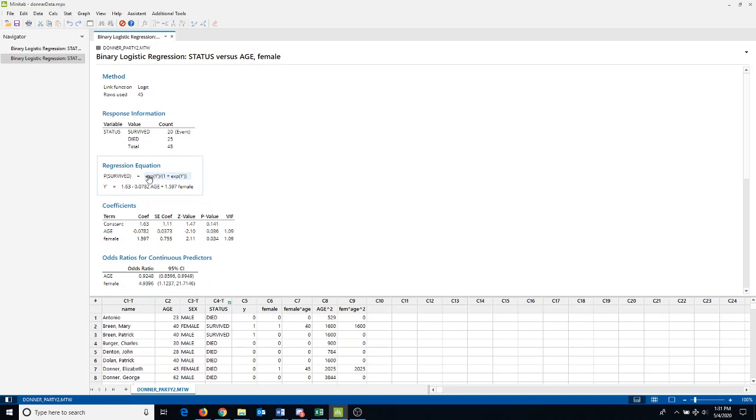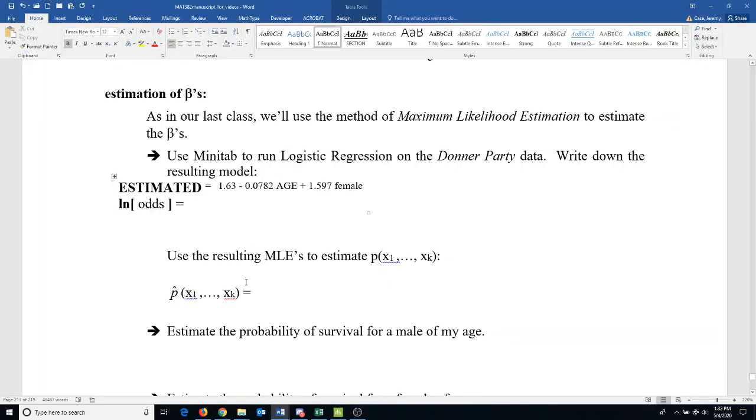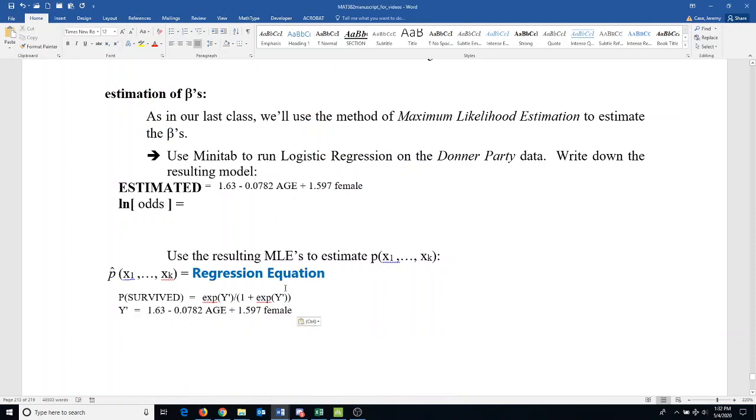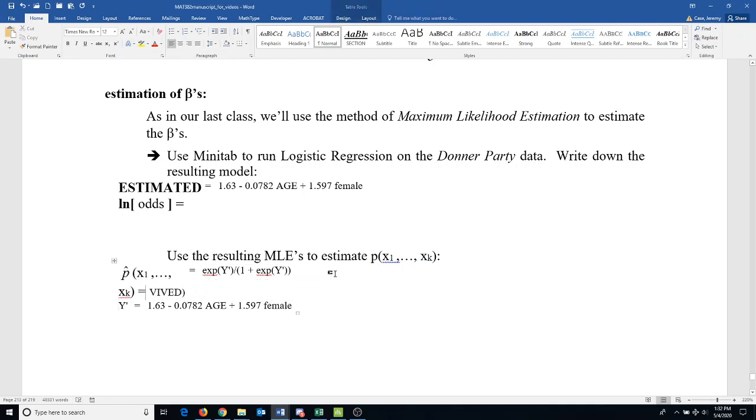Let's see, how should I do that? Let's just copy the whole thing and put this here. And my probability would be the exponential of this plane that I developed.